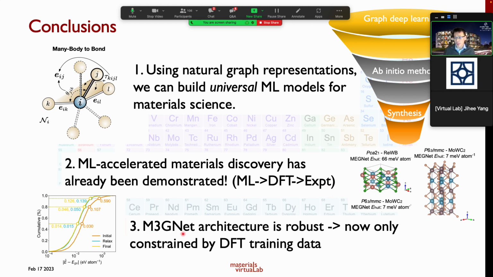And hopefully I've convinced you that the M3GNet architecture is very robust. We are still working on new developments on it. Right now, I believe that a lot of the constraints are in terms of the DFT training data. So in other words, how accurate are just PBE calculations, right? Can we actually get more accurate calculations for that purpose, right?